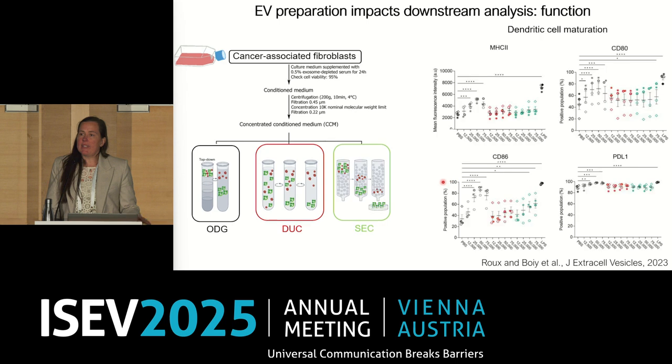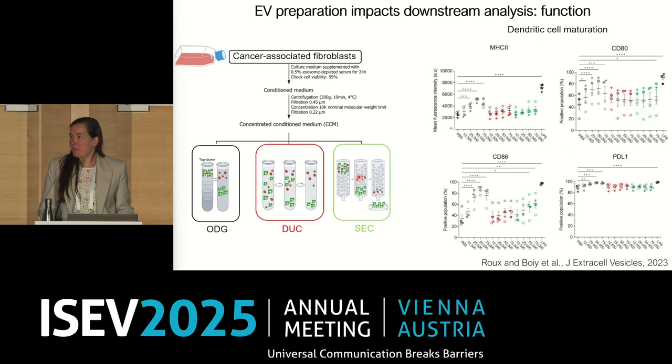In a second example, I want to highlight that also the choice of method not only impacts the analysis of cargo composition, but also function. So here we started from an experiment where we collected conditioned medium from cancer-associated fibroblasts using density gradient centrifugation, so a density-based method, and two size-based methods, differential ultracentrifugation and size exclusion chromatography.